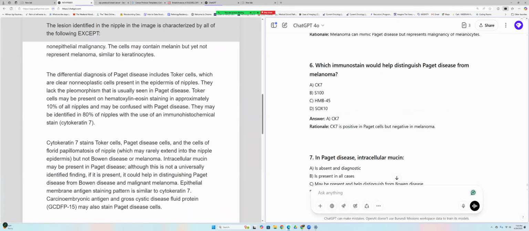CK7. What are the markers for melanoma? HMB45, S100, and SOX10. Paget disease also could have some melanocytes, so maybe that's why they choose CK7.